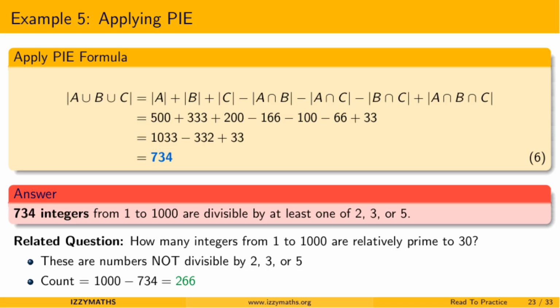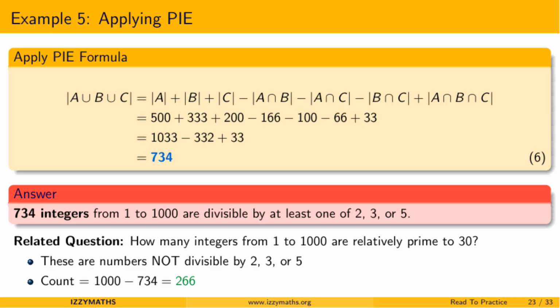This equals 1033 minus 332 plus 33, which gives us 734. Therefore, 734 integers from 1 to 1000 are divisible by at least one of 2, 3, or 5.